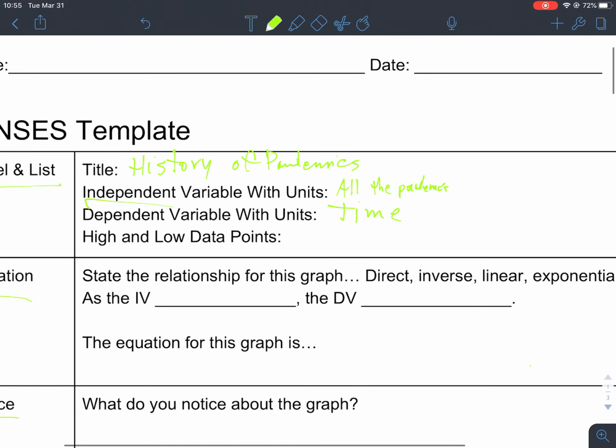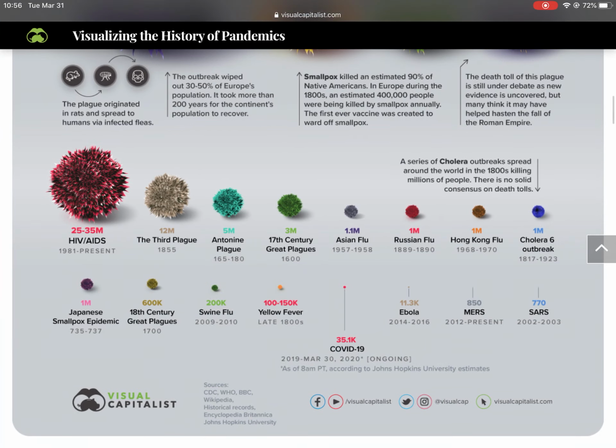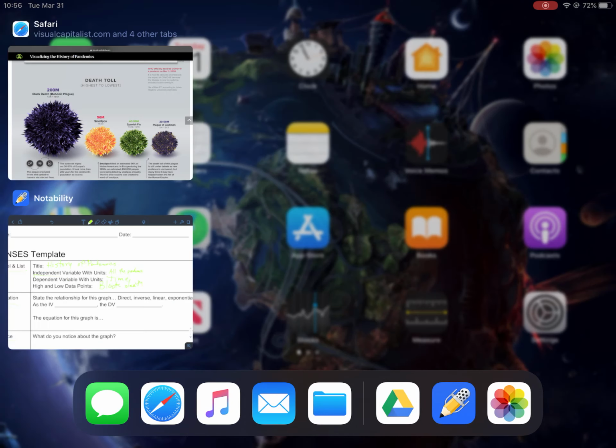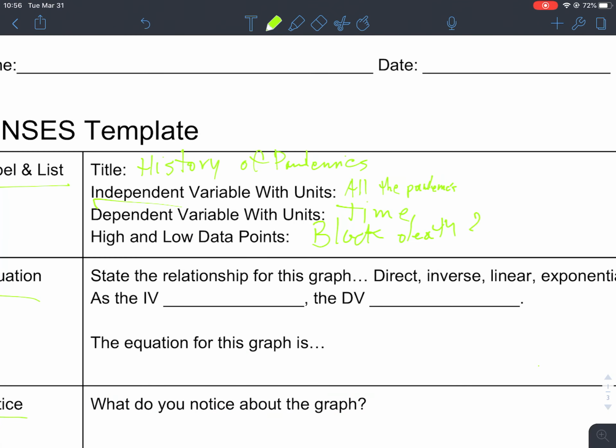So high is the Black Death. Sorry about my handwriting. That's the high, with how many people dead? I would say it was 200 million people around the world that died. So 200 million.